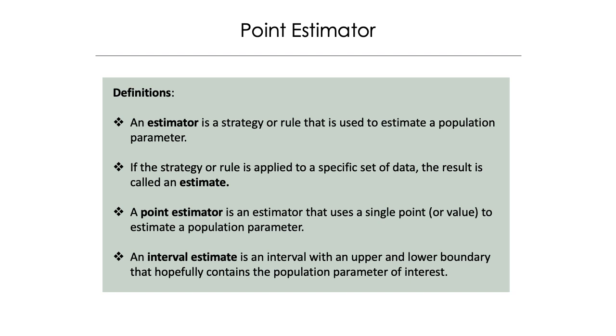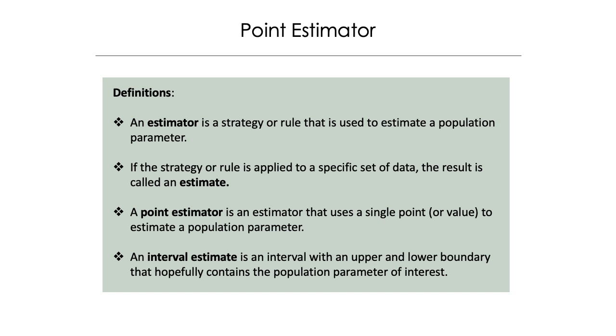An estimator is a strategy or rule that is used to estimate a population parameter. If the strategy or rule is applied to a specific set of data, the result is called an estimate. A point estimator is an estimator that uses a single point or single value to estimate a population parameter.